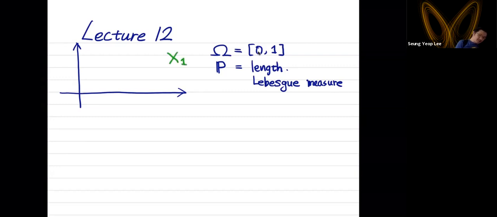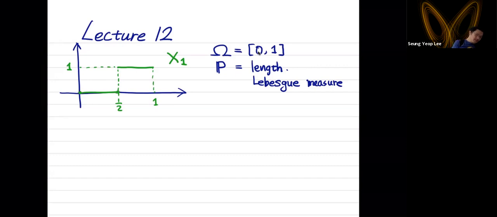Okay, then I gave you one example of x1. x1 has value 0 from 0 up to 1/2, and then value 1 from 1/2 to 1. That was my choice of x1. That's a random variable.